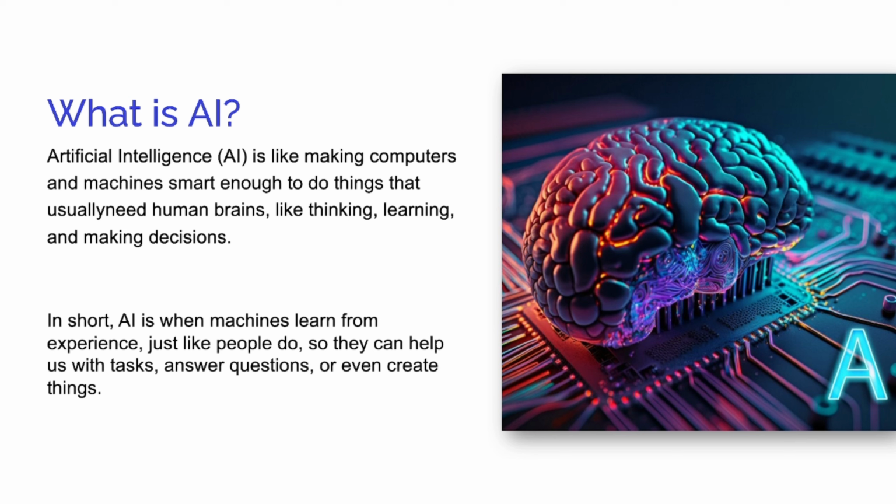So now let's go further. In short, AI is when machines learn from experience just like people do, so they can help us with tasks, answer questions, or even create things. Now, look at this carefully.